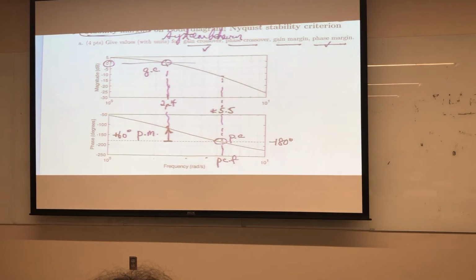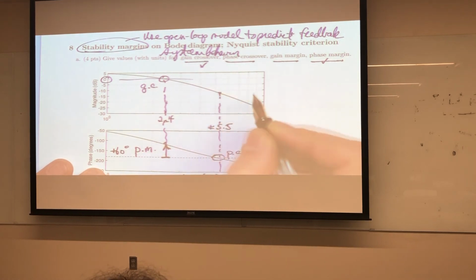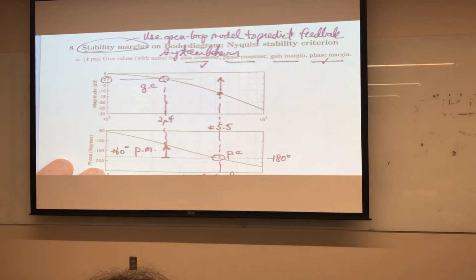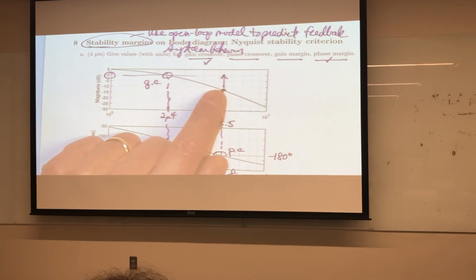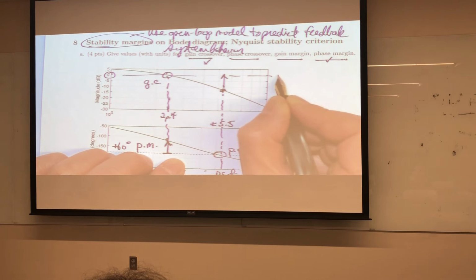Now the gain curve, the gain margin is measured differently. We'll measure from the gain curve to 0 dB, and so we measure this way. So it's done a little bit differently than the phase margin. Phase margin, you start off at the reference line, 180, and you draw to the phase. Gain margin, you always start at the gain curve and draw to the reference line, which is 0 dB.